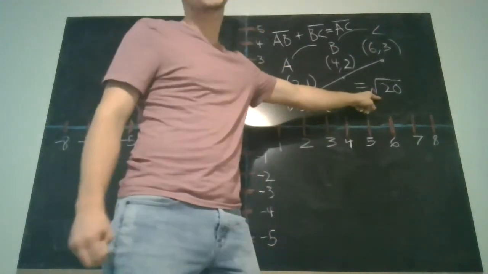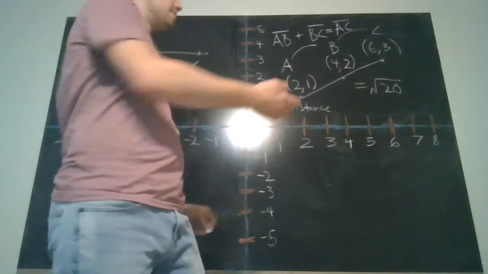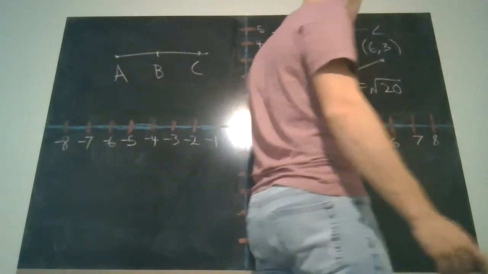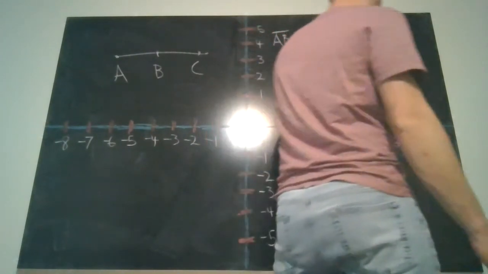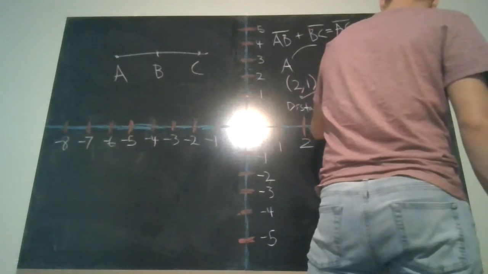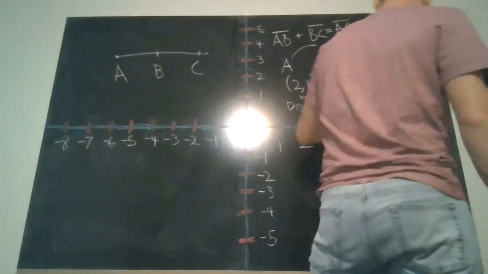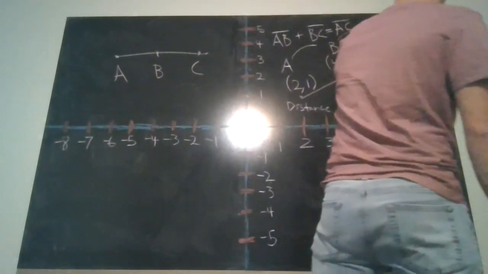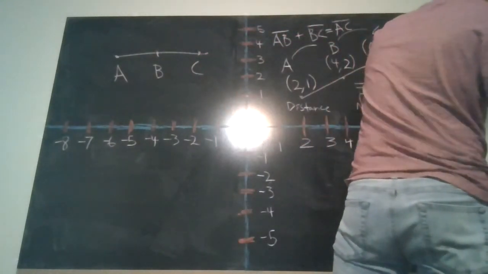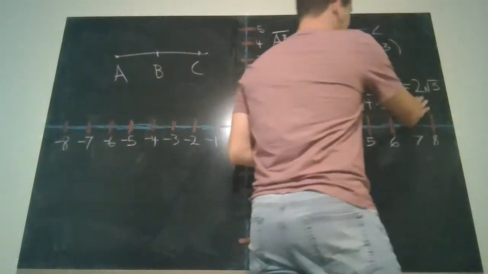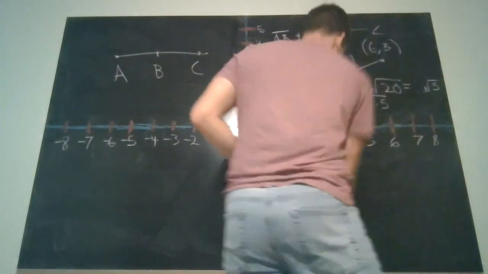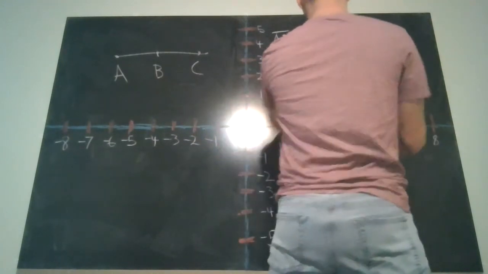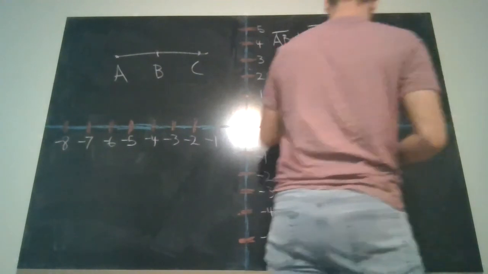Meaning, it's not square root of 10, as convenient as that would be, but since 20, if we learn from some factoring, is 4 times 5, and the square root of 4 is 2, then the square root of 20 equals 2 square root of 5. So half of that is going to be 1 square root of 5, meaning our distance from 2, 1 to 4, 2 is square root of 5.